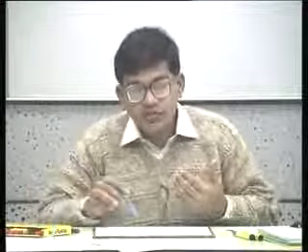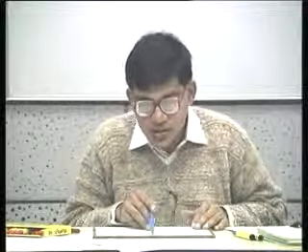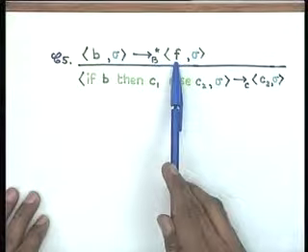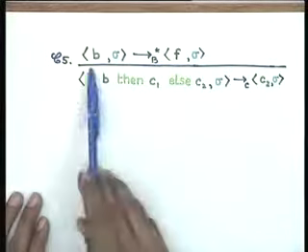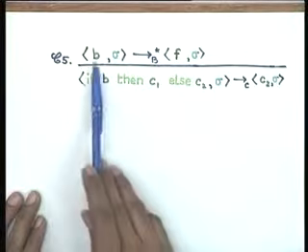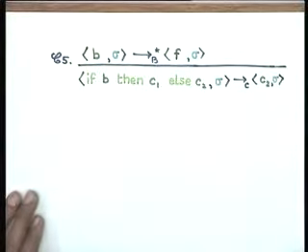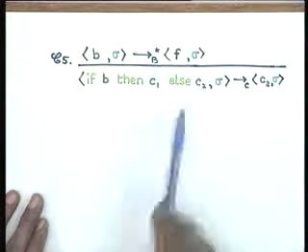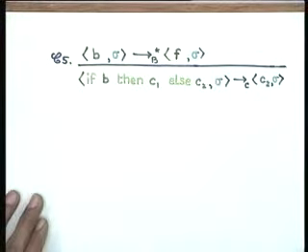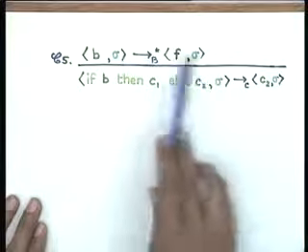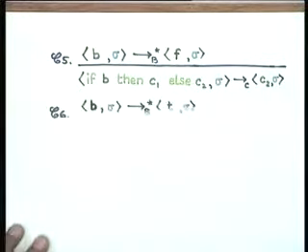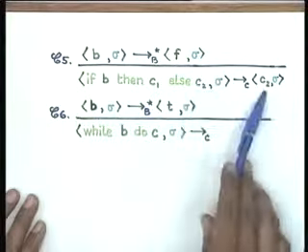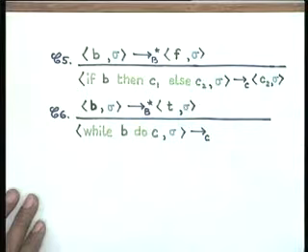But since my T and F are not part of the language, this will actually turn out to be 1 or more steps, right? So if the condition B evaluates to false, then you just discard this branch C1 and you have C2 left. And of course there are no state changes because the evaluation of the Boolean condition does not change the state, and this also just signifies a transfer of control to C2.